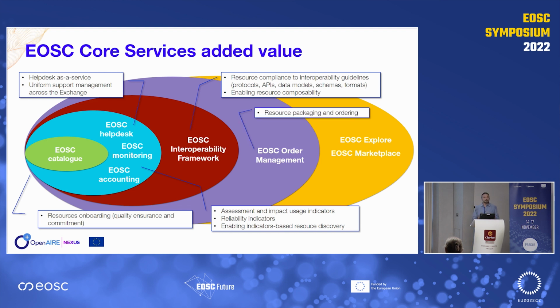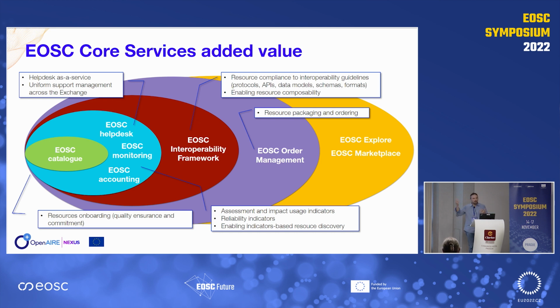Then we have, on top of that, the EOSC Order Management. We have the resources, we know how they interoperate, and now we can expose providers with the functions that are necessary to sell their resources, not selling necessarily in the sense of taking money out of it, but selling the assets or the consumable assets that are behind the resources.